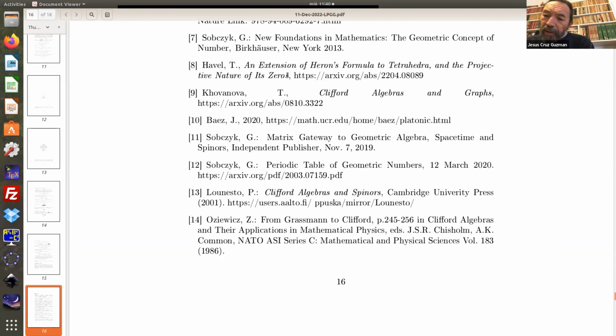But here the purpose of your ideas is different, no? Because we are trying to get one graphical representation of Clifford algebra and Grassmann algebras.